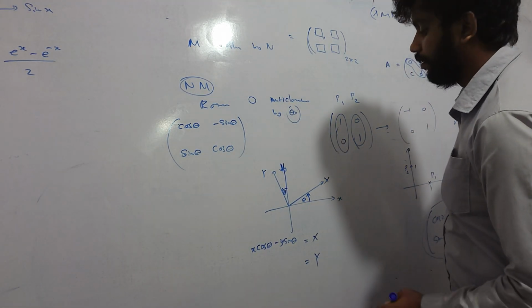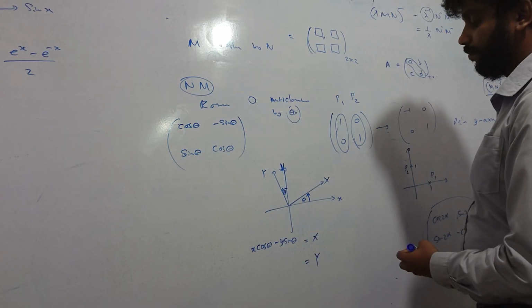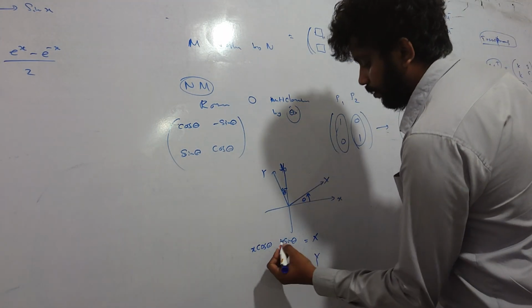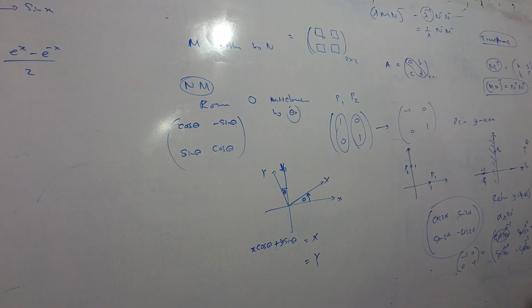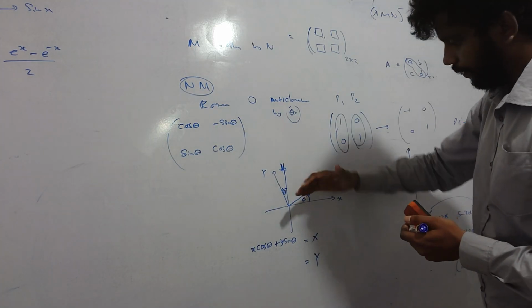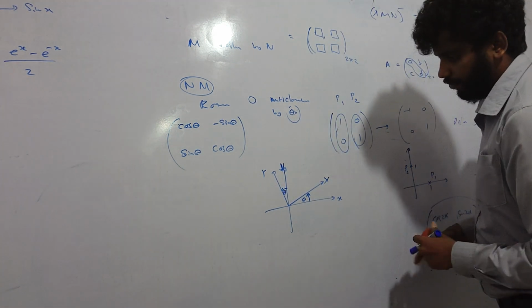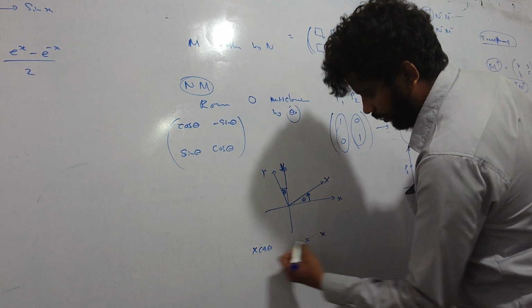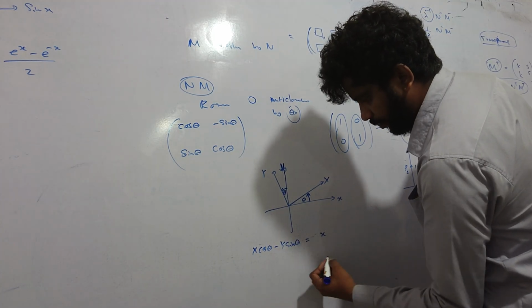And upper y equals... these angles are going to switch the coordinate direction. Little x equals upper x cosine theta, minus upper y sin theta.